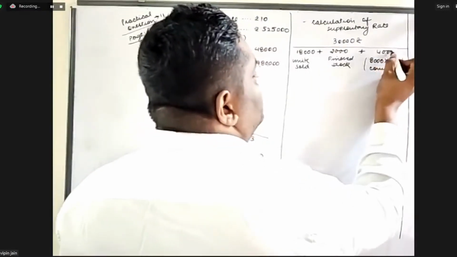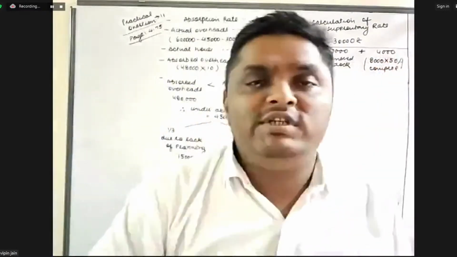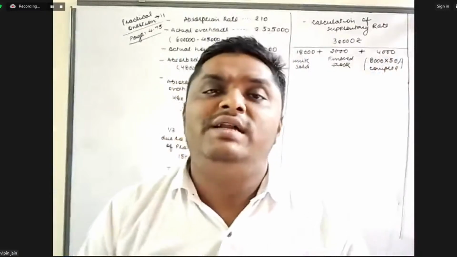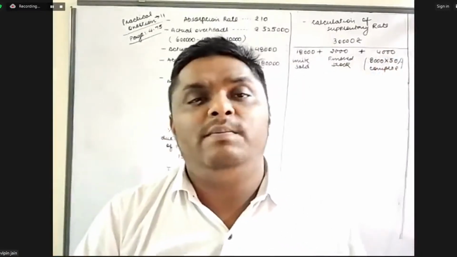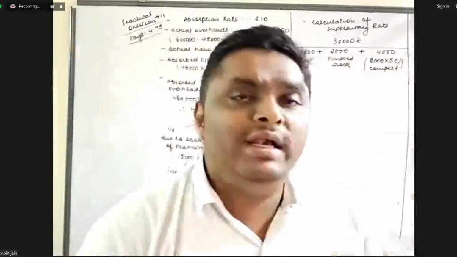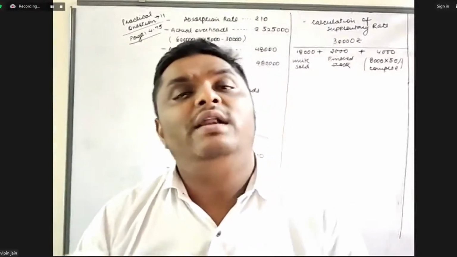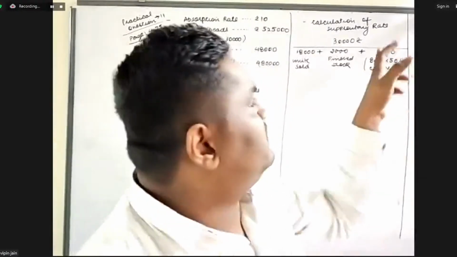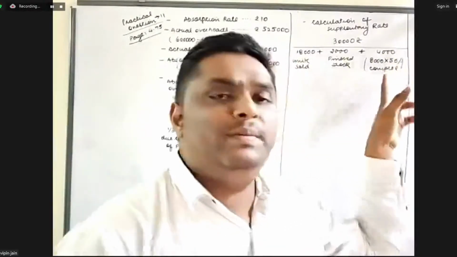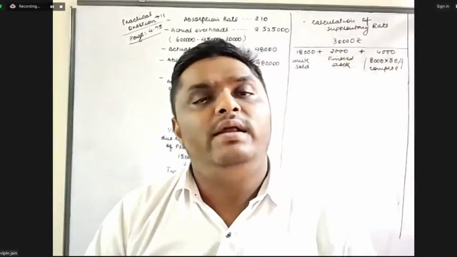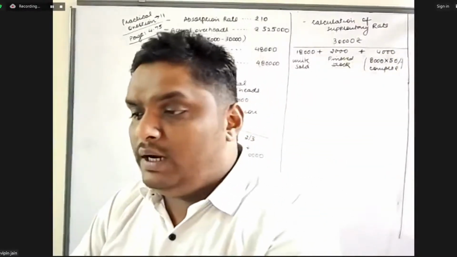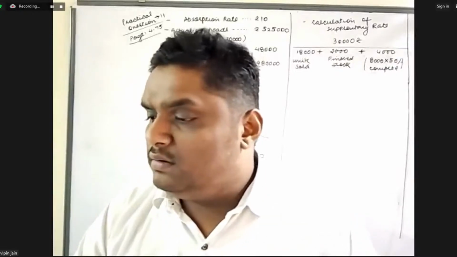So this will be 4,000. Let's say if in question it is given that 8,000 units are there, they are 60% complete. Then 8,000 into 60%, that is 4,800. If 8,000 units are 20% complete, then 8,000 units into 20%, that is 1,600 we will write. That is the equivalent number of units.